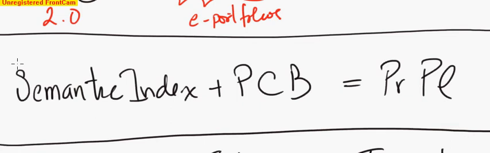PRPL is based on two important premises. The first one is that it creates a semantic index of the data. That is, by semantic index, we understand an index that not only humans but machines can interpret without the intervention of humans.